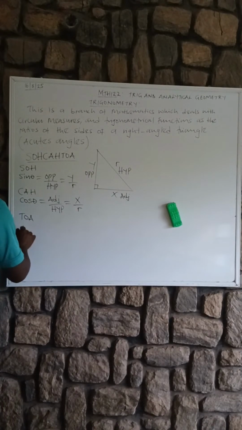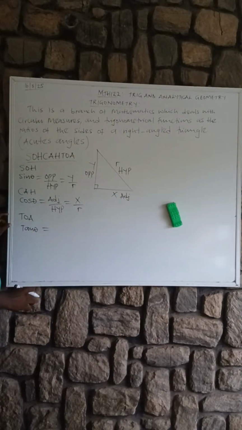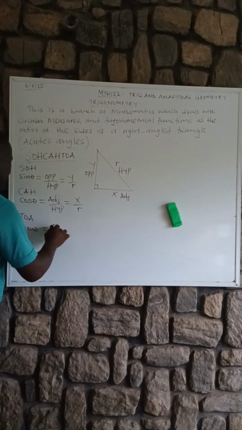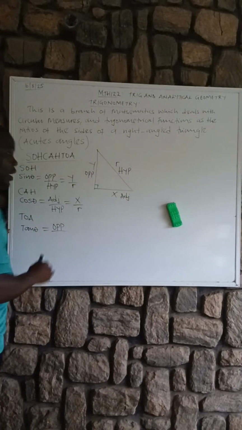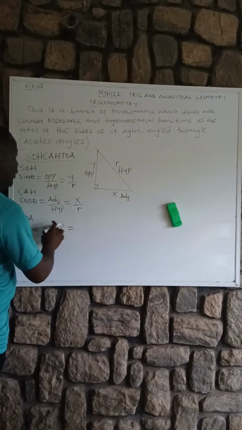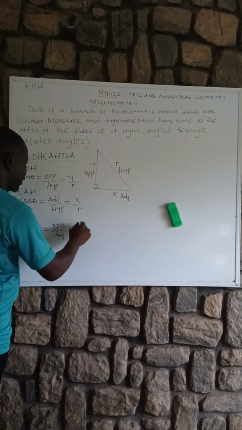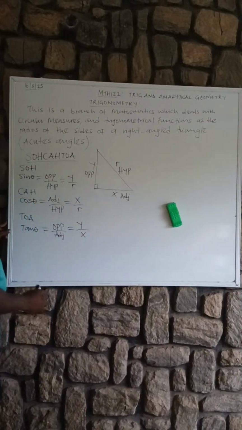T means tan theta, which is equal to O, meaning opposite, then A means adjacent, right? Then opposite is Y, adjacent is X, so Y all over X. True or false? Okay. So it implies that.